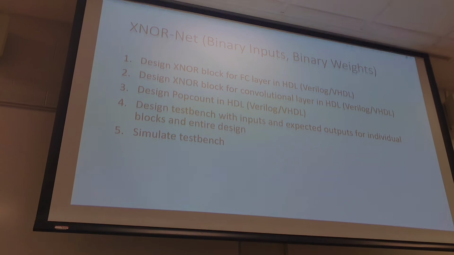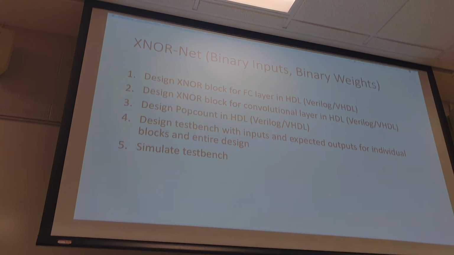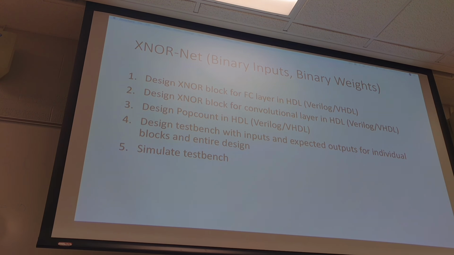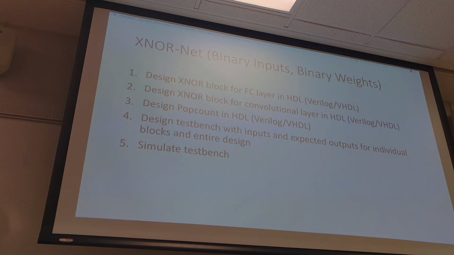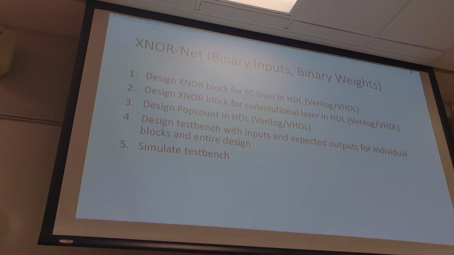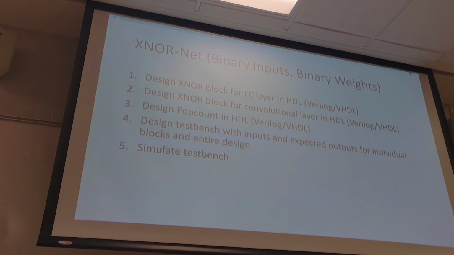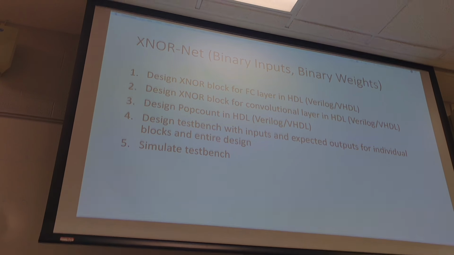And a fixed point, not floating point, fixed point multiplier. So is that because the inputs would be fixed point numbers? This is a feature of the first layer of the XNORNet. Please read the paper. And I know that you know what you are talking about. Next slide.